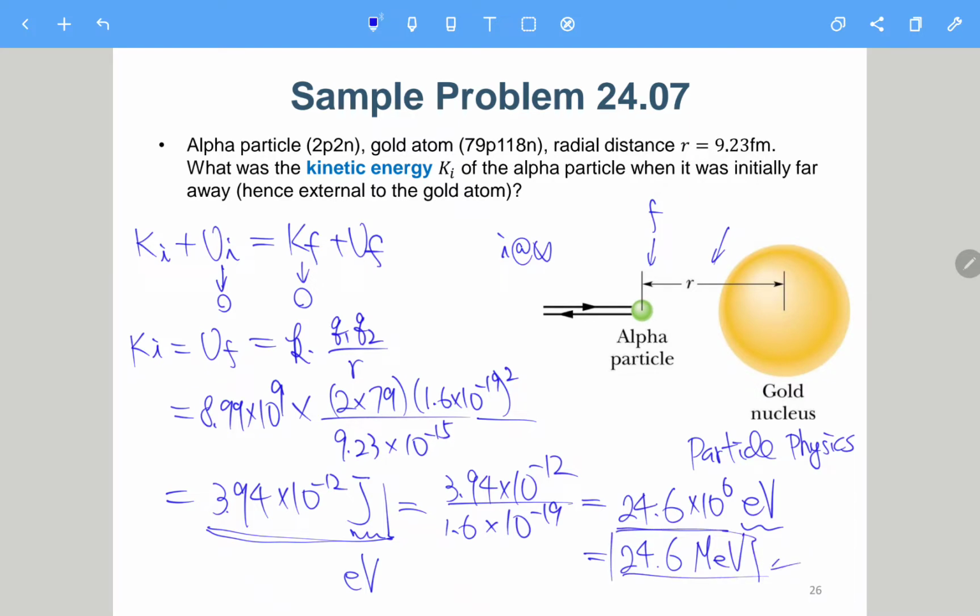They like this value because the energy of a particle in joules is a very small number, something times 10 to the minus 12, and they prefer to make it larger than 1. So this is 24.6 mega.